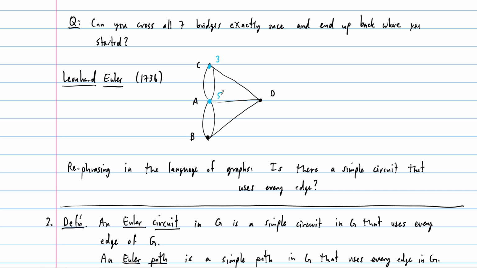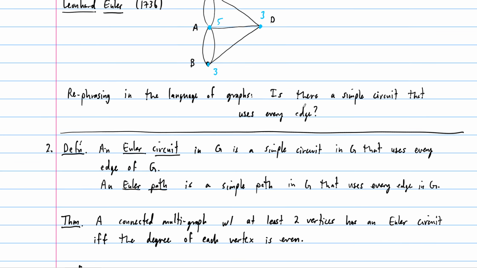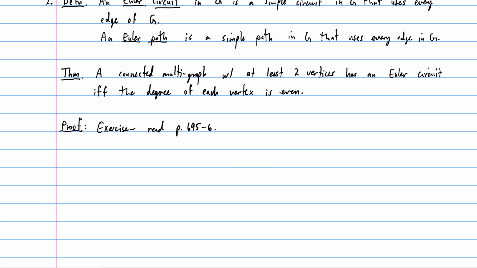This vertex has degree 5. This one is 3, and this one is 3. So actually, this one does not have any even vertices at all. So it doesn't even have a subgraph that would have an Euler circuit. So there's our answer, right? So here's our result. I'll put a little arrow here.